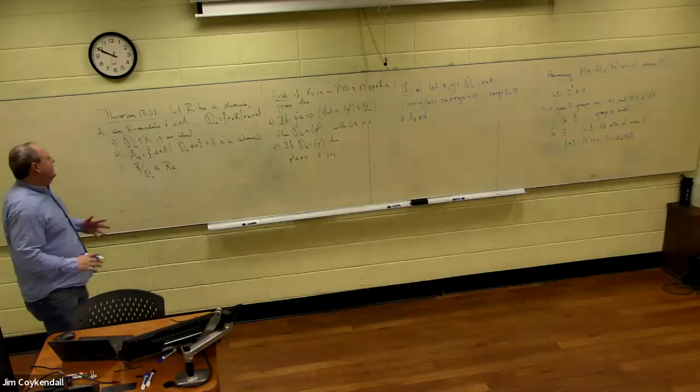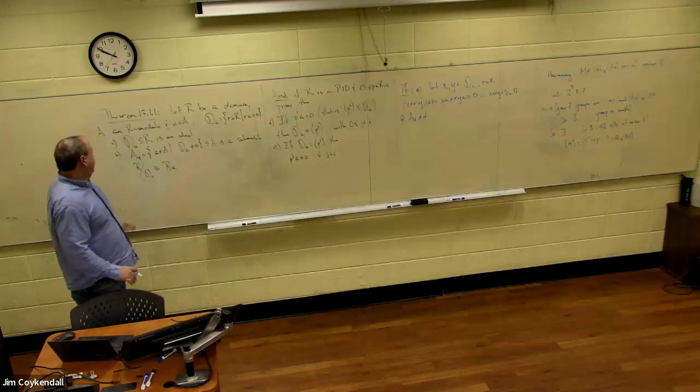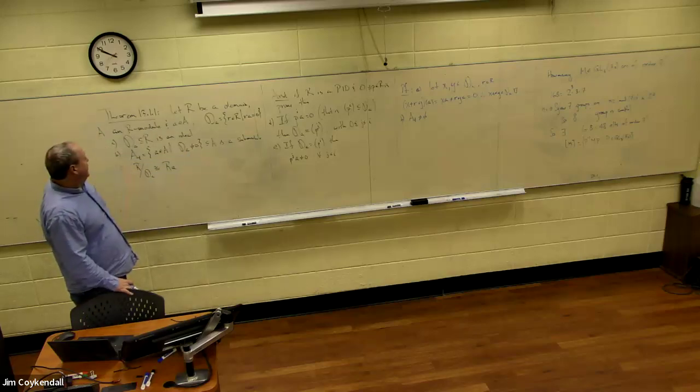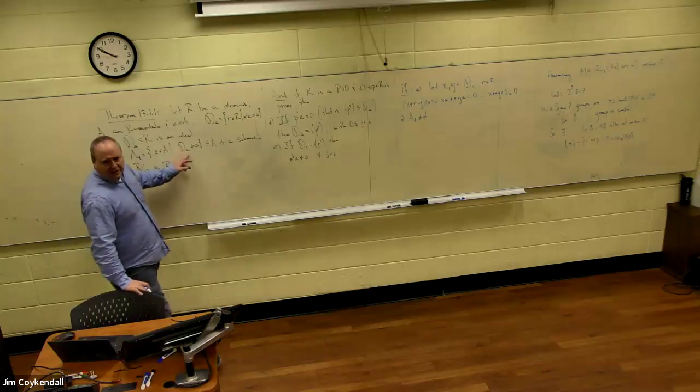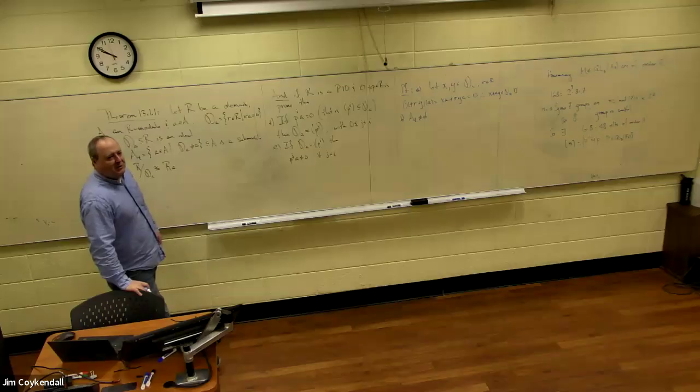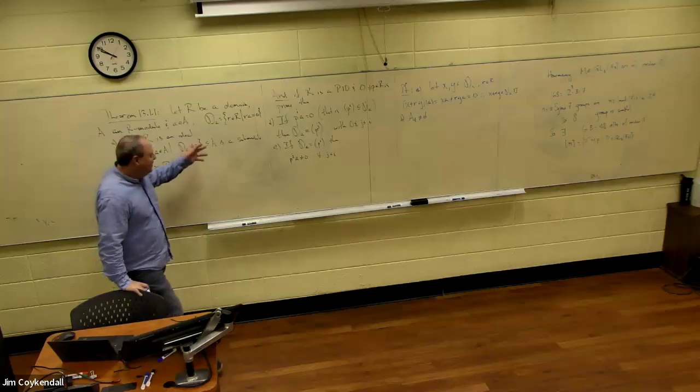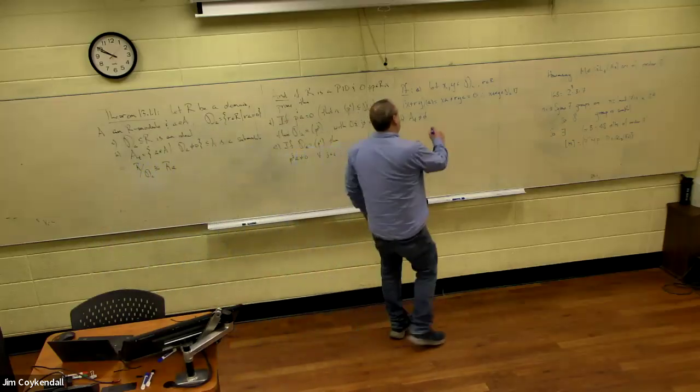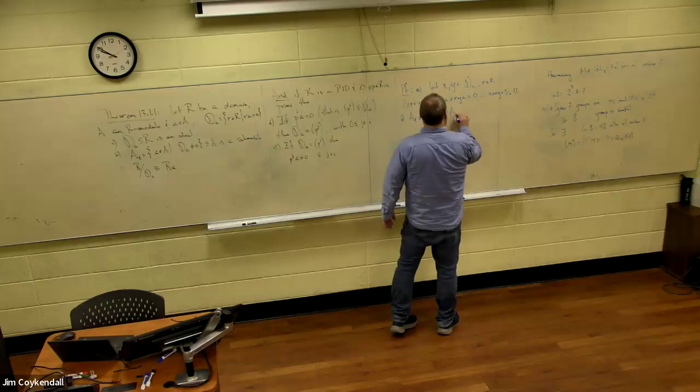Okay, it better be if it's a submodule, it better contain 0. What's something that's nonzero? There's only one thing other than 0 that I guaranteed you was in this ring. 1, right? Since this is a ring with 1, 1 times 0 is 0, and so this is not empty as 0 is in AT.